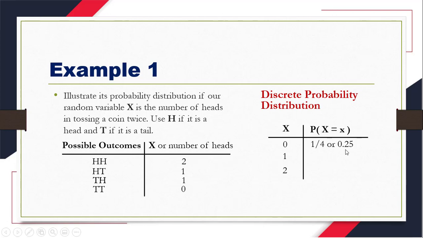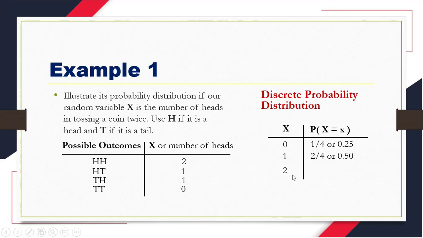or 0.25. Now, to get the probability if X is equal to 1, we only need to count the number of 1s here. We have 1 and 2, so the probability that X is equal to 1 is 2 over 4, or 0.50.